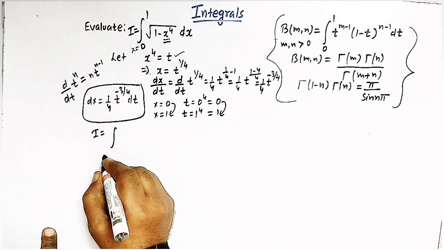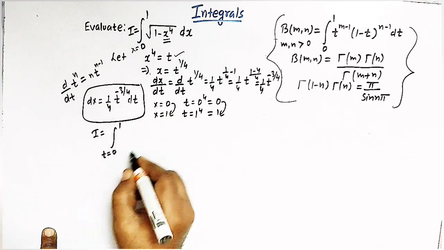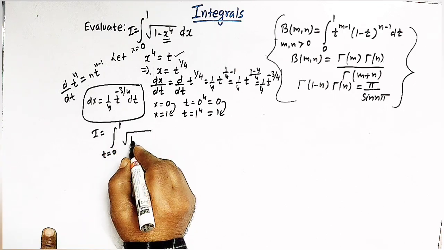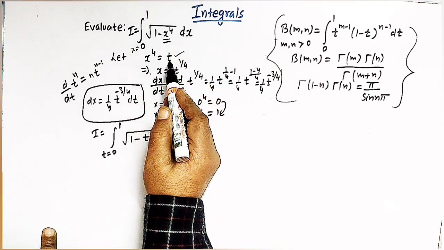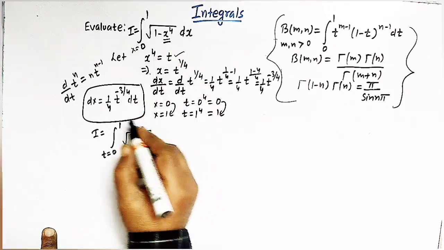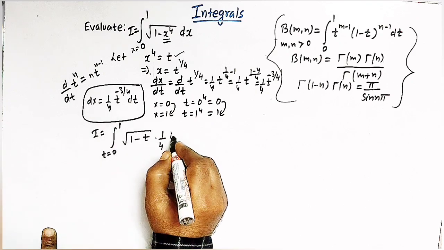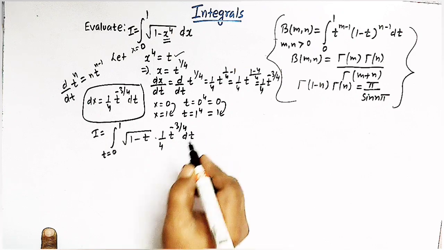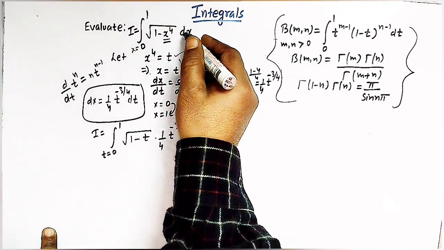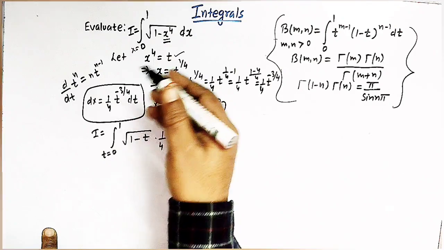So we can now write t is equal to 0 to t is equal to 1, and we have the square root of 1 minus t. For x raised to 4 we write t, and for dx we write 1 over 4 t raised to minus 3 by 4 dt. So now this integral is reduced to this one by the method of substitution.